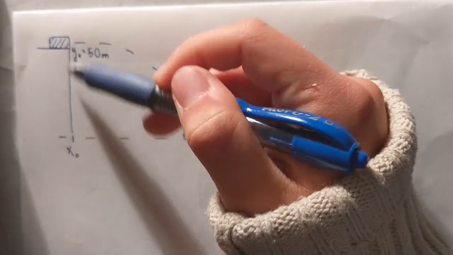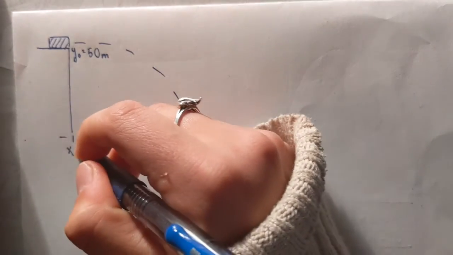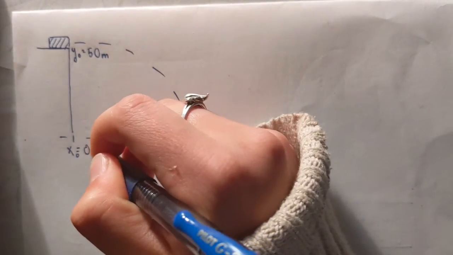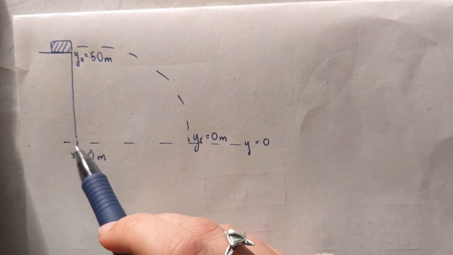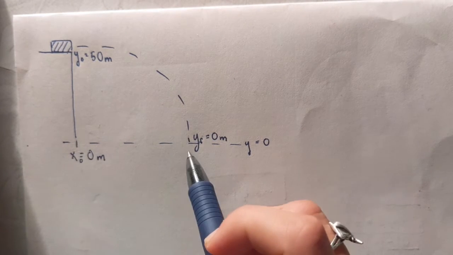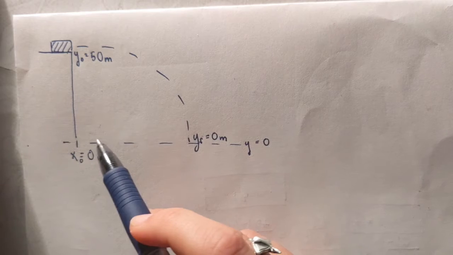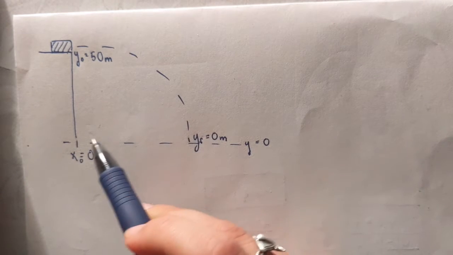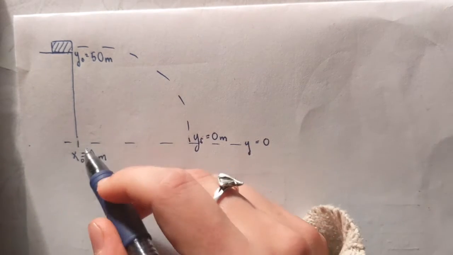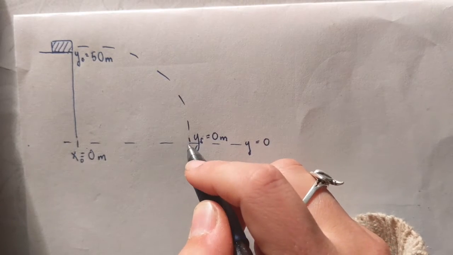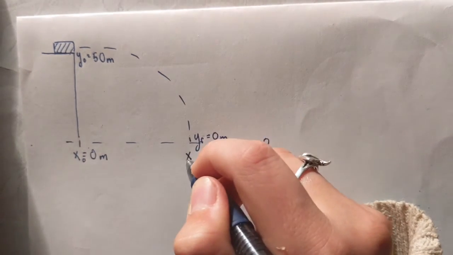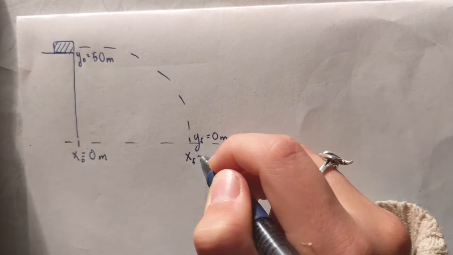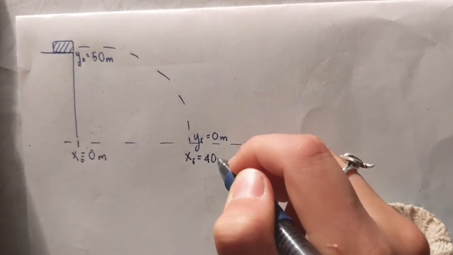This is where it starts horizontally, and that's my starting point, so I'm just going to call it 0 meters. Now I have a starting point to measure my distance, and it says that it lands 40 meters from the base of the cliff, or where it started. So my final horizontal position, x final, is 40 meters.